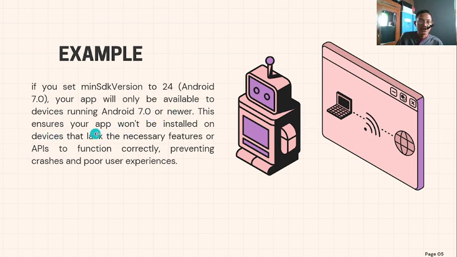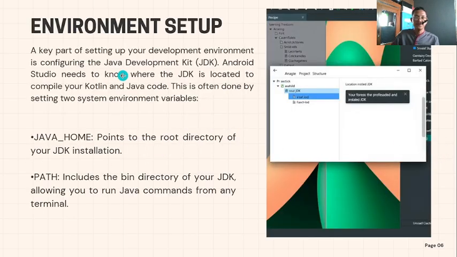This ensures your app won't be installed on devices that lack the necessary features or APIs to function correctly, preventing crashes and poor user experiences. So dapat tugma po yung version ng ating Android na ating gagamitin para mas smooth po yung takbo ng app na i-install natin sa ating Android mobile sir.